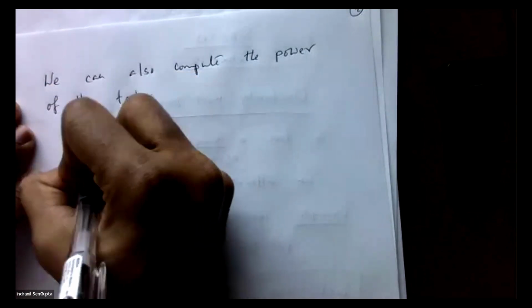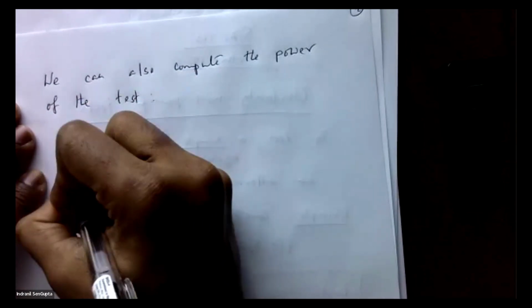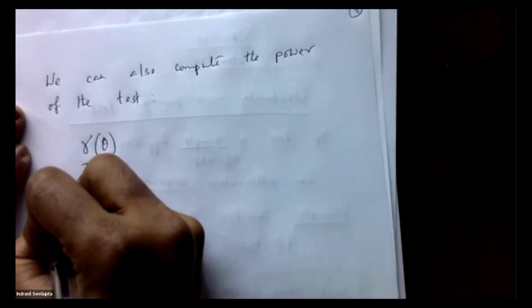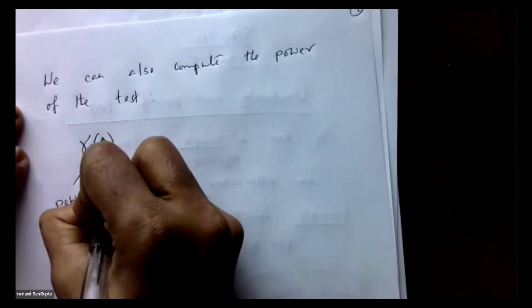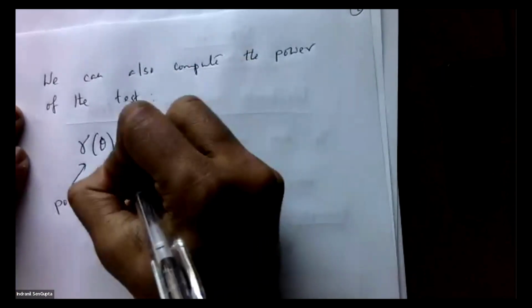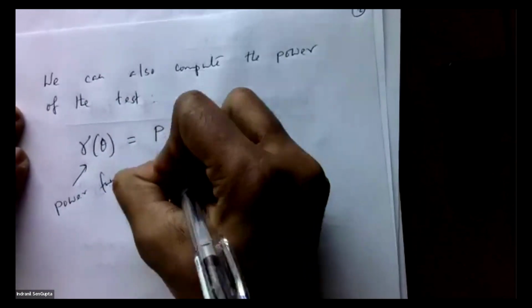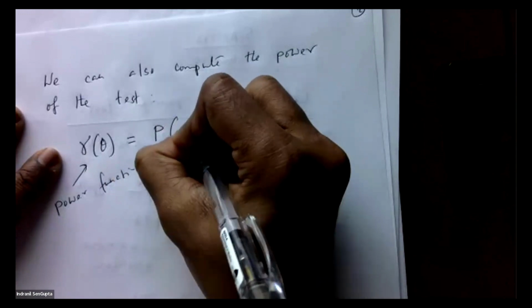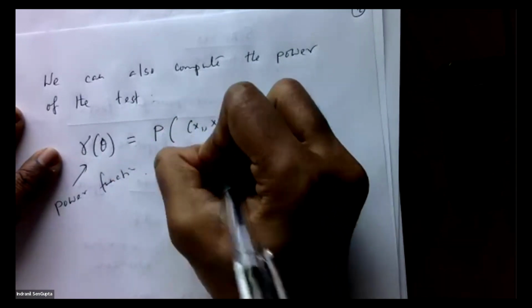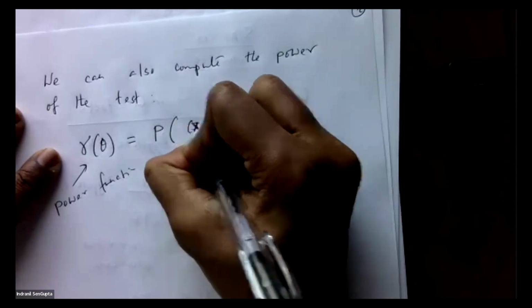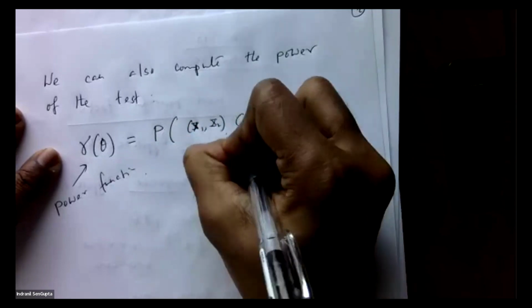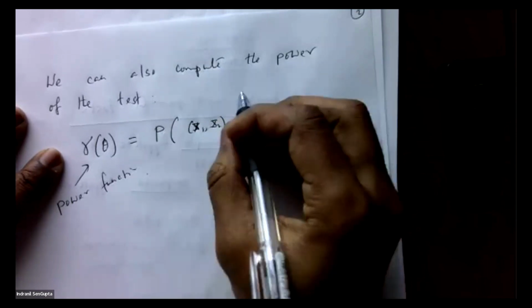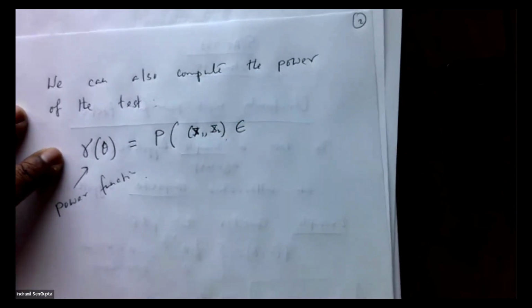Let's look at the power function, gamma of theta. Do you recall what it is? It's basically the probability that your random variables, x1 comma x2, are in the domain of C.